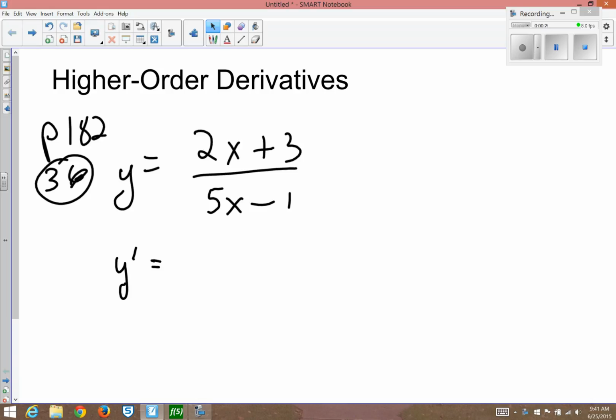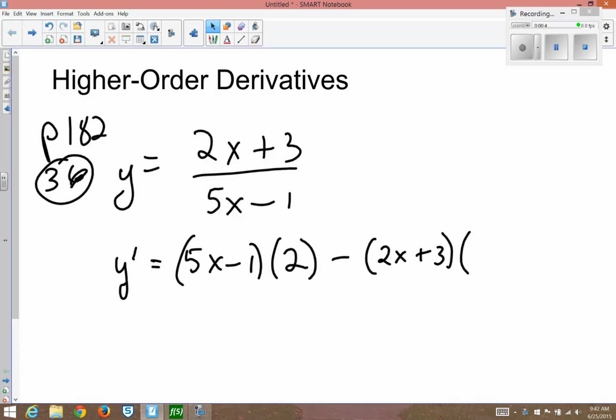The derivative of a quotient is the denominator times the derivative of the numerator, minus the numerator times the derivative of the denominator, all over the denominator squared.